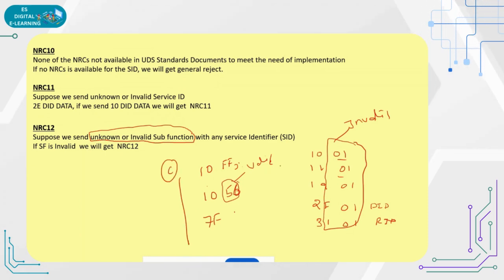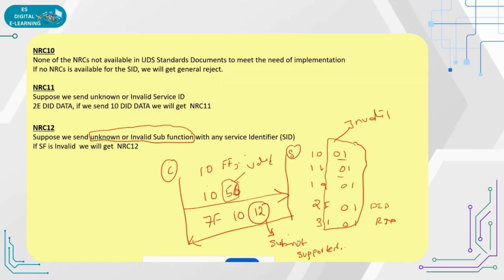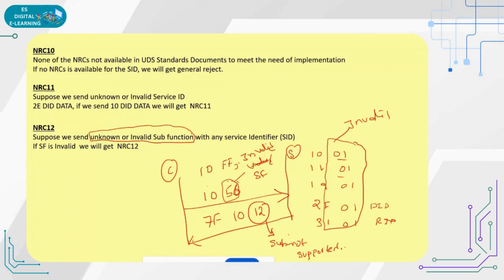You can write down client and server, and the request and the response 7F, 10, and NRC, it will say 12. So subfunction not supported. Okay, clear, right? Subfunction not supported. So this is an invalid subfunction.